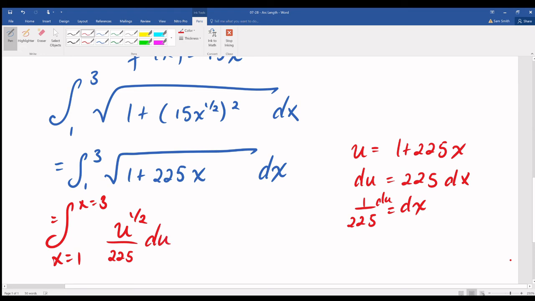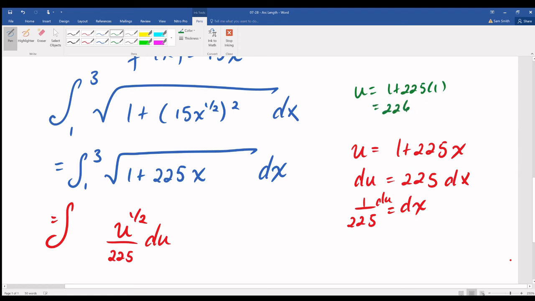Now, let's see how the limits of integration will also change. We don't want limits of integration in terms of x's, we want limits in terms of u. If x is equal to 1, then u is equal to 1 plus 225 times 1, or 226.